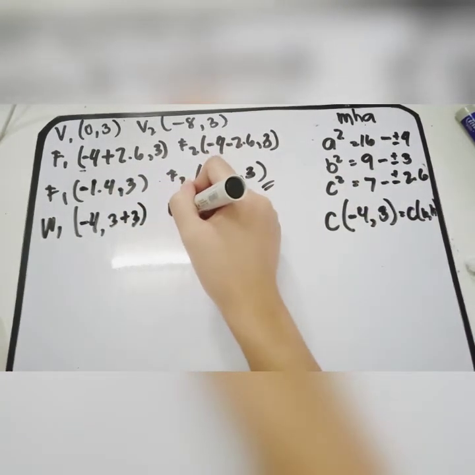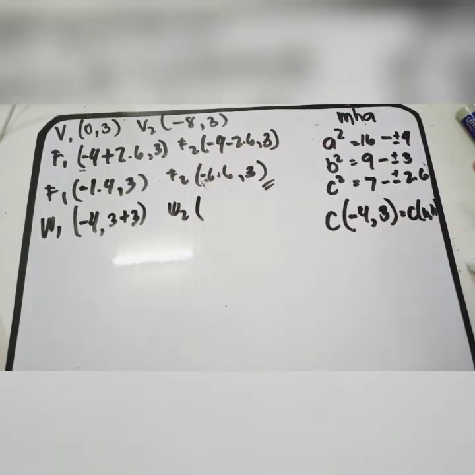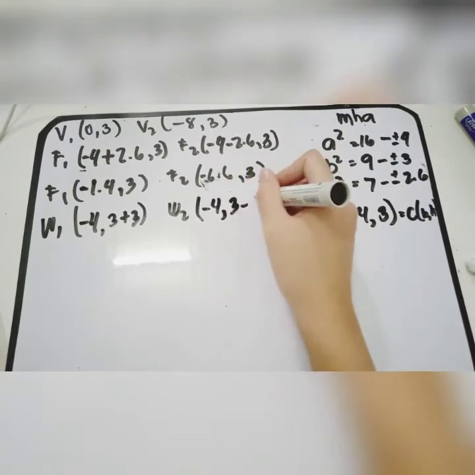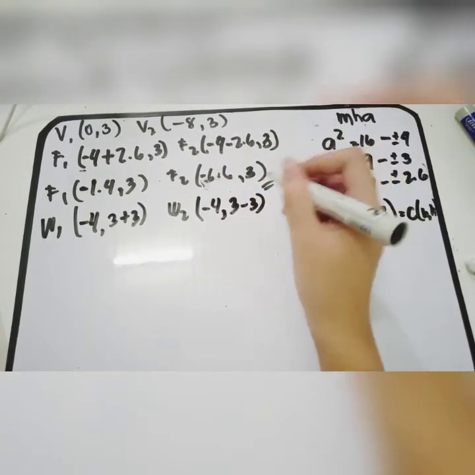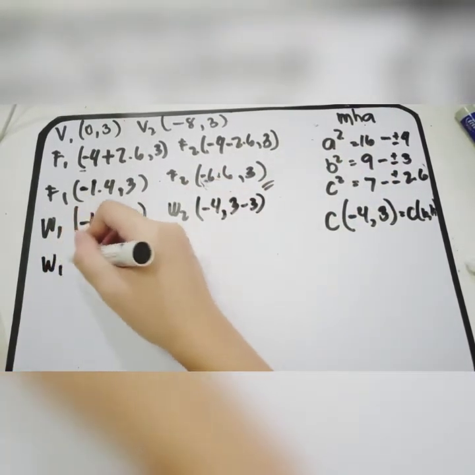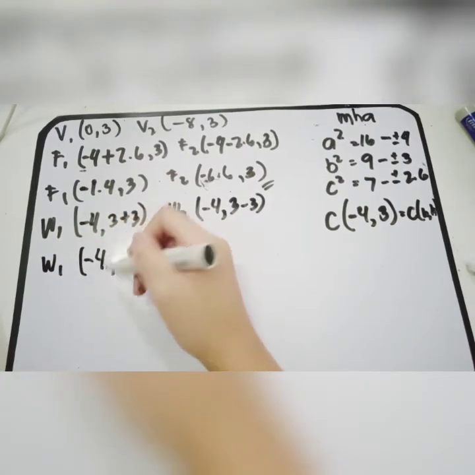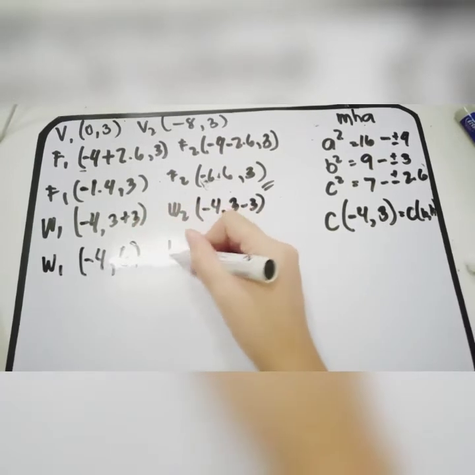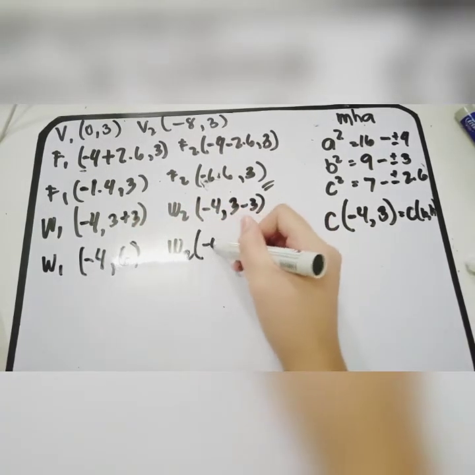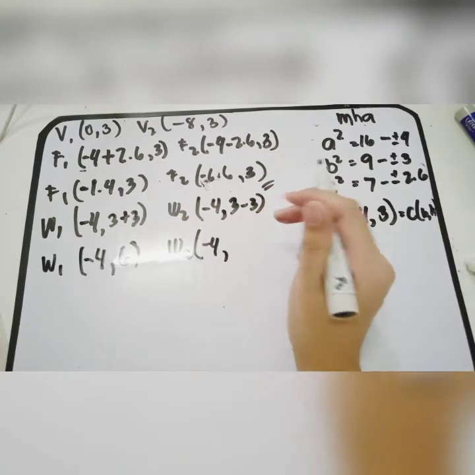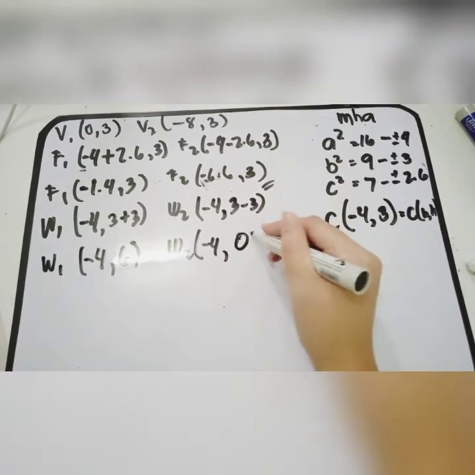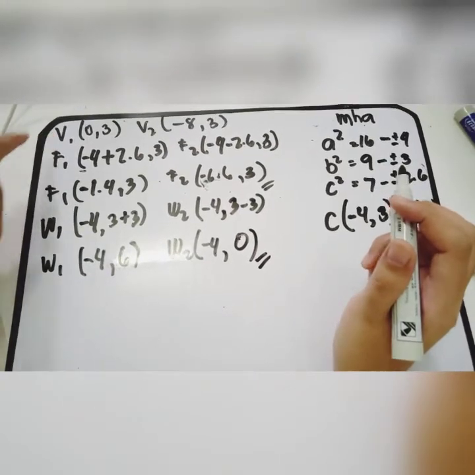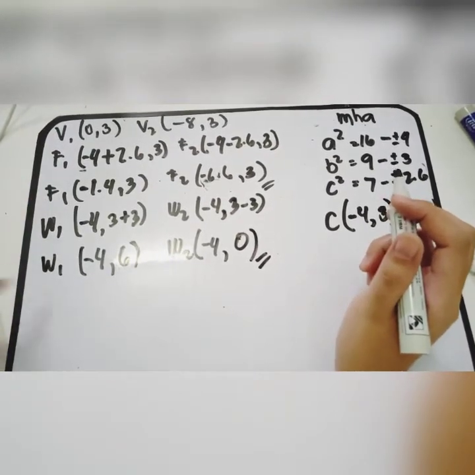And for W2, negative 4, comma 3 minus 3. Simplify. So, W1, negative 4, 3 plus 3 is equal to 6. And for W2, negative 4, 3 minus 3 is equal to 0. So, we already have the vertices, the foci, and then the co-vertices.